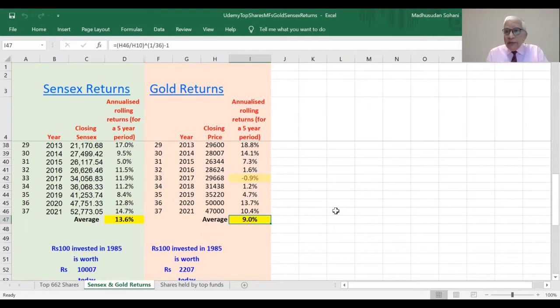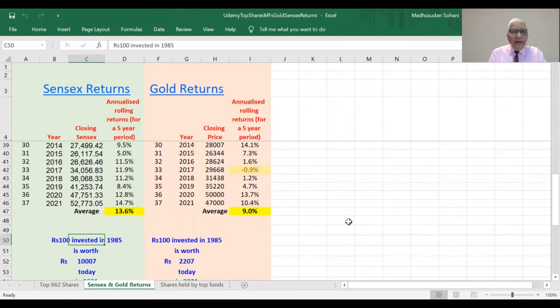In other words, if you had invested an amount of rupees 100 in 1985, that amount would have been worth rupees 10,007 in 2021.